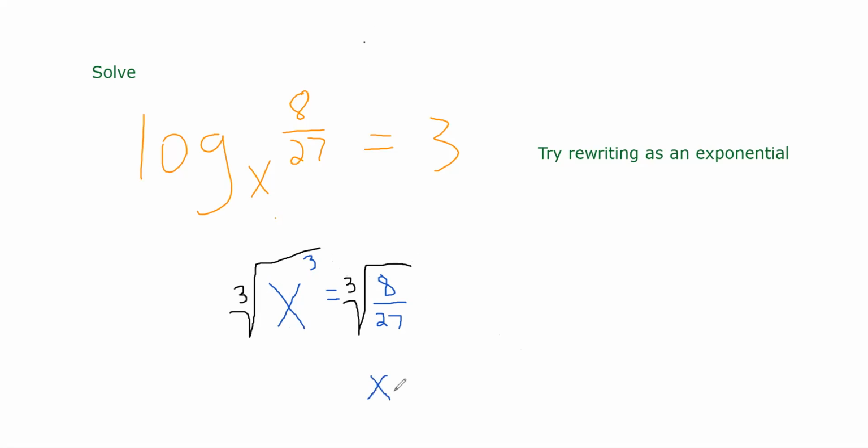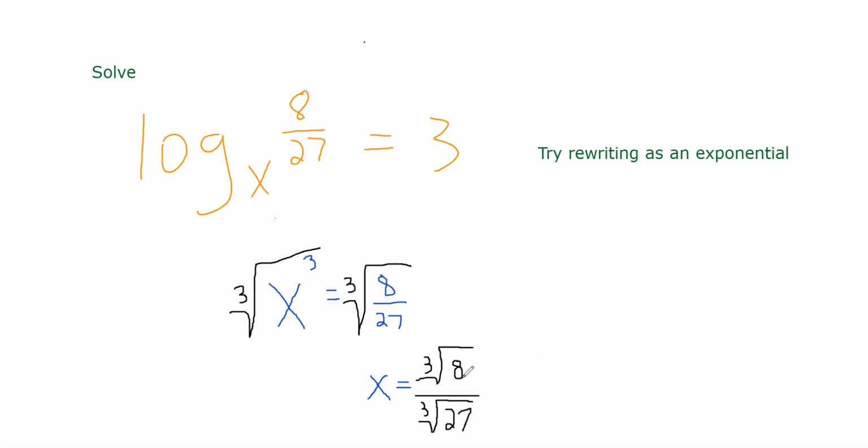You're just going to get x equals, now we're taking the cube root of 8 over 27. We can think of that as the cube root of 8 over the cube root of 27. And I'll bet you $5 it'll come out clean.